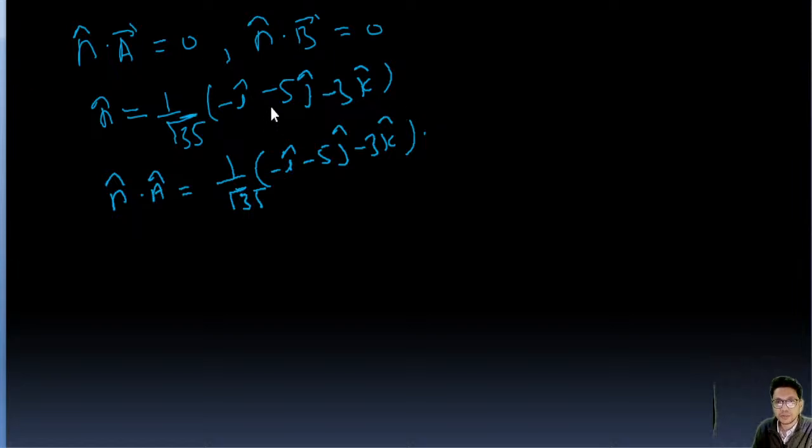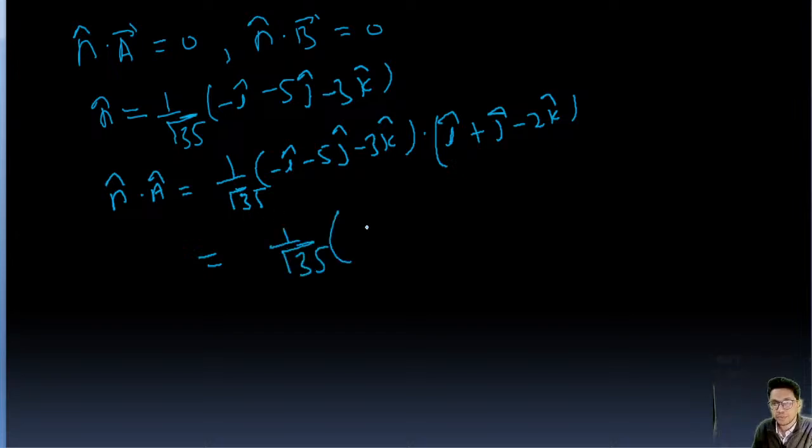A is given here: I cap plus j cap minus 2 k cap. This is the dot product. So this is going to be 1 upon root 35 into minus 1 minus 5 plus 6. Okay, so this is going to be 0.